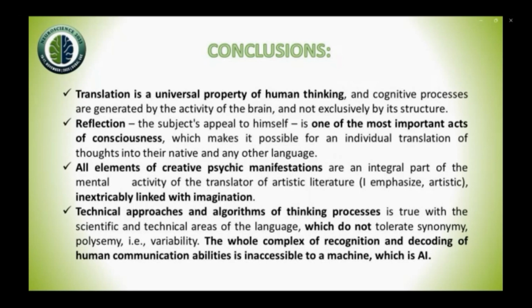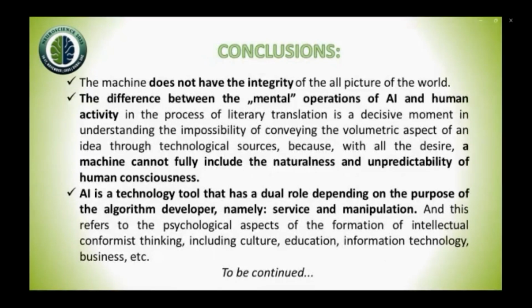The whole complex of recognition and decoding of human communication abilities is inaccessible to a machine, which is AI. Next, the machine does not have the integrity of the whole picture of the world.